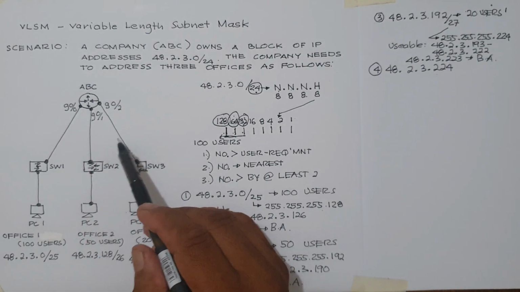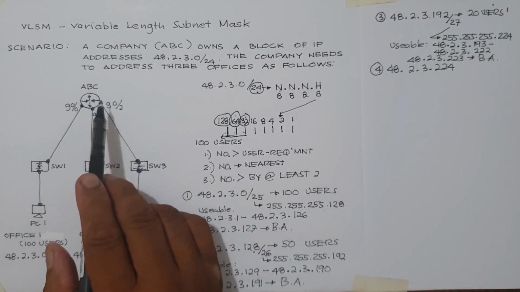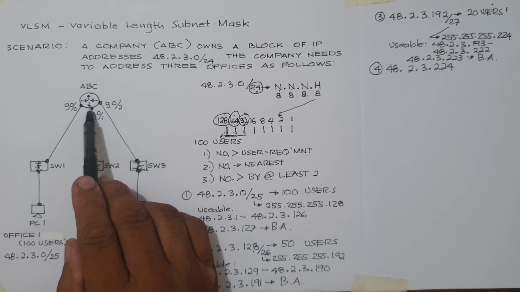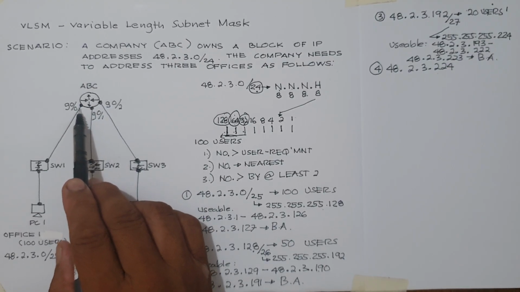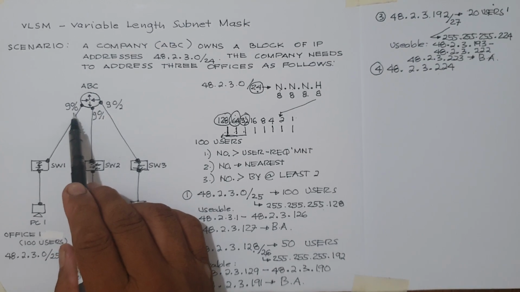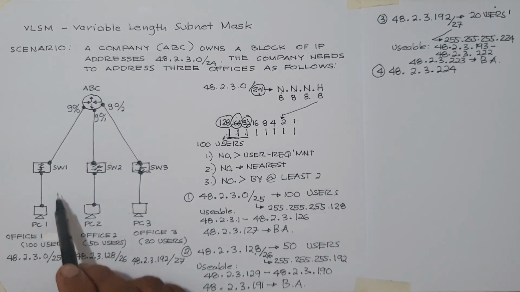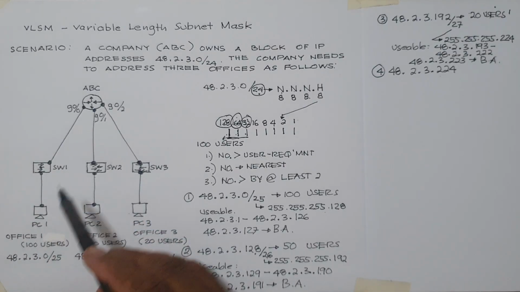Connect them using straight-through cables, and if you are using a 2911 router, there are 3 immediate Gigabit Ethernet ports, namely G0/0, where you will connect the devices in Office 1.